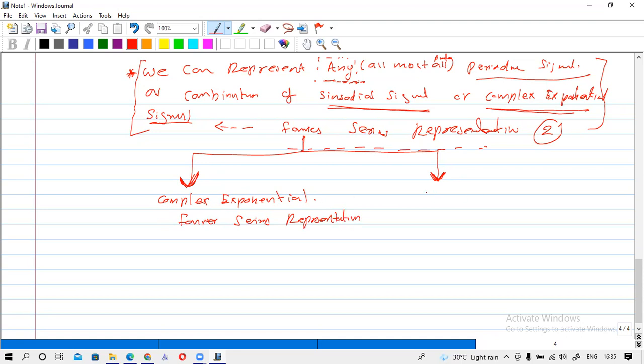Can anyone give a name for the other one? If we are representing any signal as a combination of complex exponential signals, it is called the complex exponential Fourier series representation.